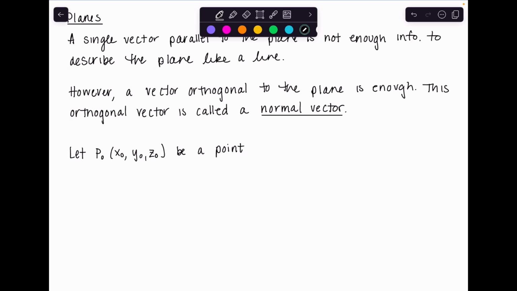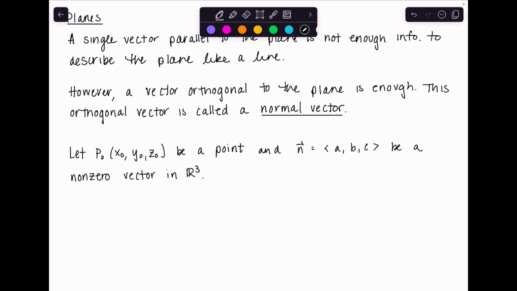We're going to call that n. We typically use n to describe normal. We're going to say this normal vector has components a, b, and c. And specifically, we do need this to be a non-zero vector. Otherwise, that would be a very boring plane.